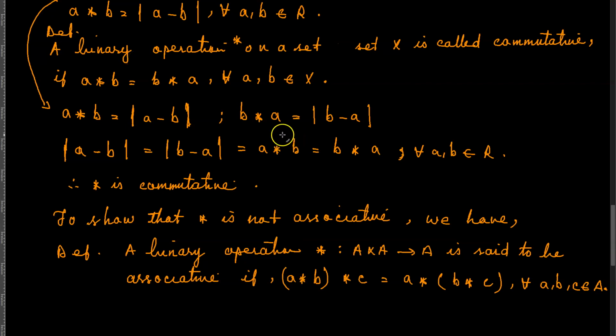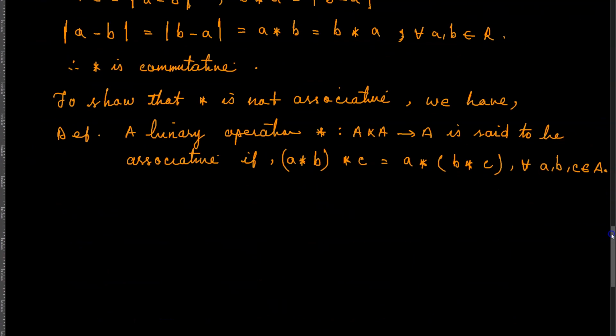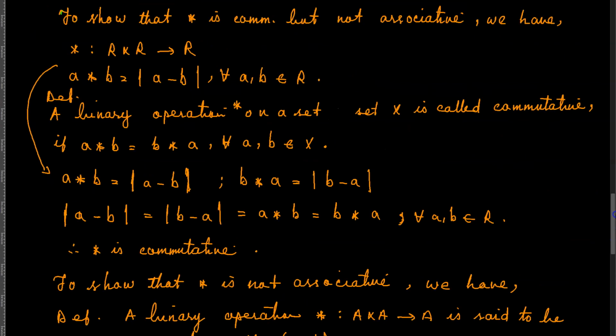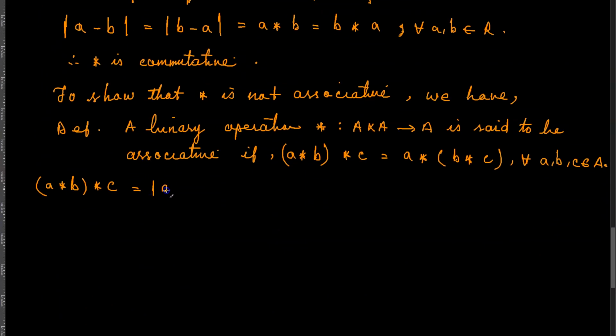Okay, so now using this definition and having the definition of star itself, we said that a star b is equal to the absolute value of a minus b. So now if I calculate (a star b) star c, a star b based on the definition that we have here is the absolute value of a minus b, and then star c.